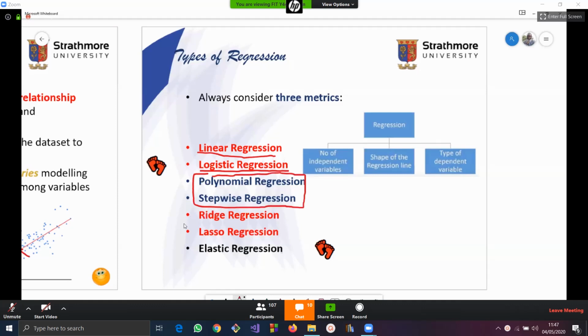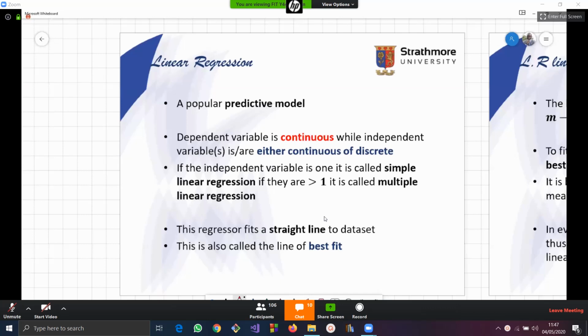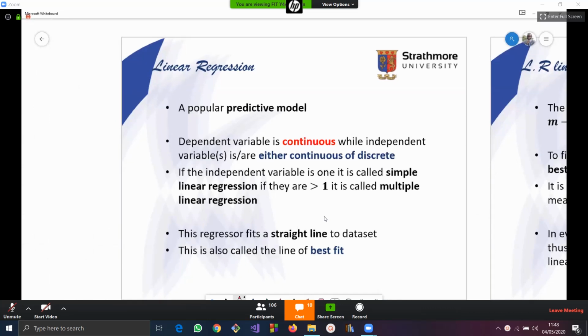So we start with linear regression, a predictive model. We want to learn a line that basically describes the data set, and then we use that line as an equation to do predictions as far as that data set is concerned.